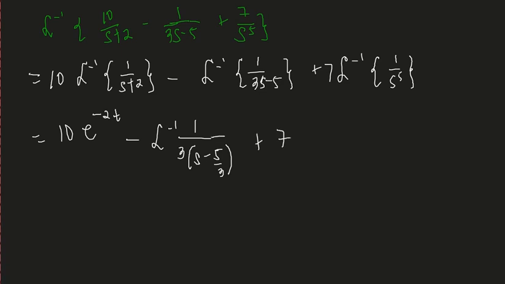so 7. So this will automatically be equal to the factorial formula. So we have t raised to n is equal to n factorial all over s raised to n plus 1.